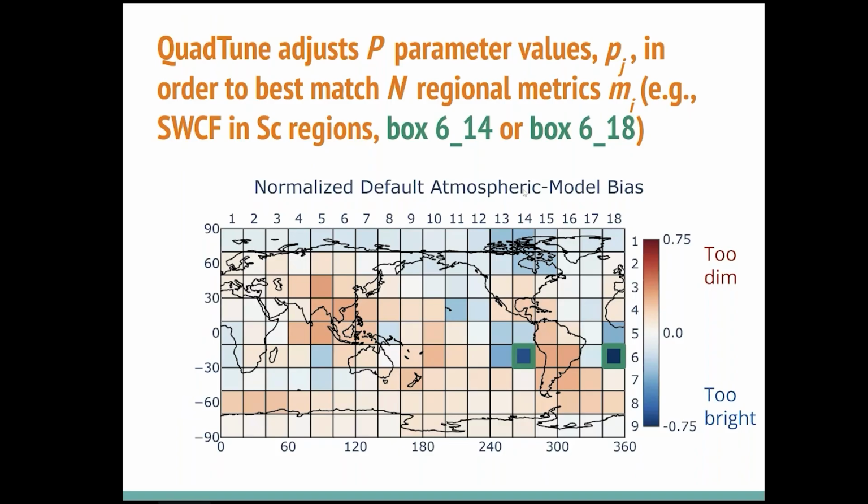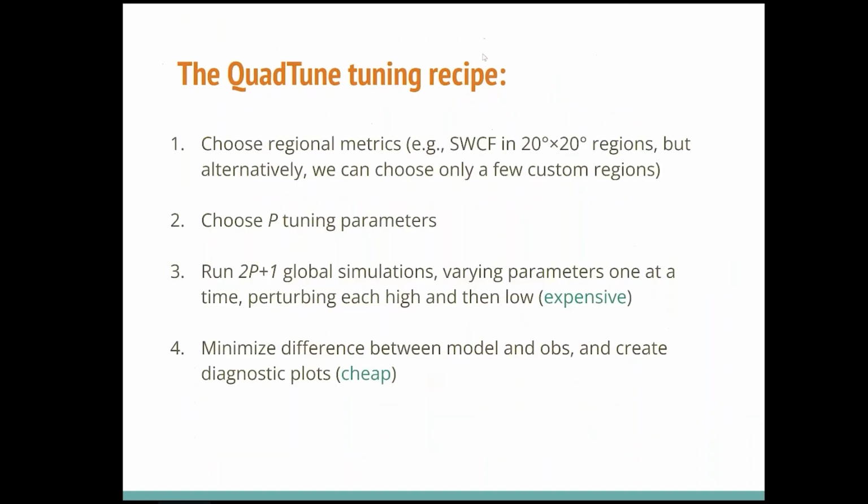And then each value of shortwave cloud forcing in each tile is treated as a sample point, and we try and match the obs in each region by adjusting P parameter values. They could be from turbulence, or they could be from cloud microphysics or deep convection. So it's a standard sort of tuning problem, but we have regions.